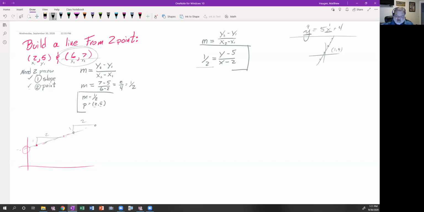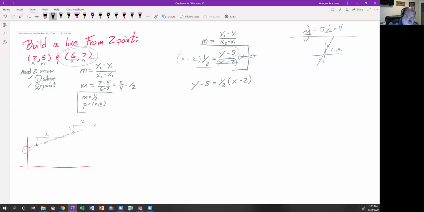Now, if we wanted to make it more useful or more like we kind of like to see, we might try to manipulate it. Might multiply both sides by x minus 2. That would make those x minus 2's cancel, leaving the y minus 5 on that side, and the 1/2 times x minus 2 on the other. I just switched the order on you.